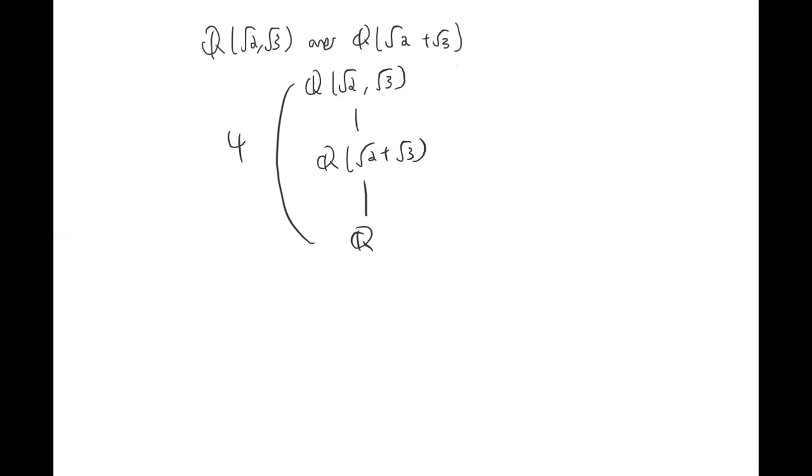I did this 20 minutes ago. This field has root 2 and also root 3, and a field is closed under addition. So if you have root 2 and root 3, you have root 2 plus root 3. But this thing is the smallest field that has root 2 plus root 3.